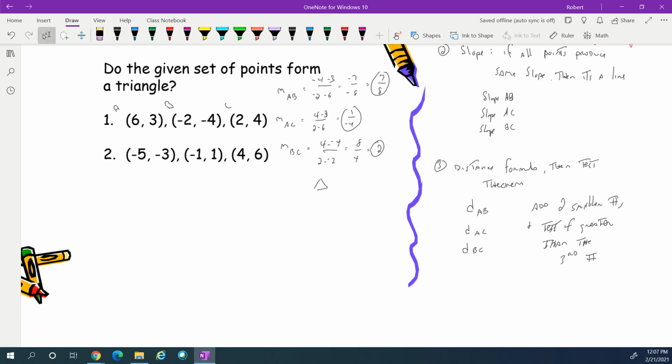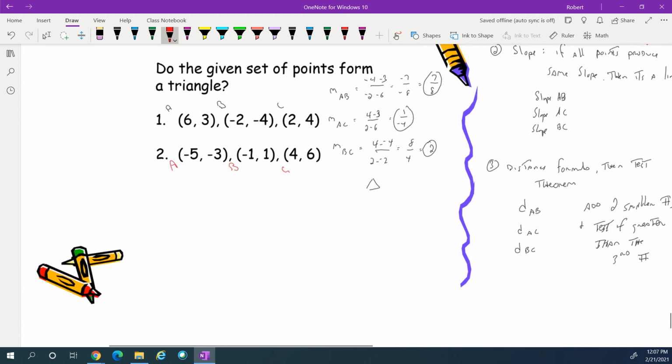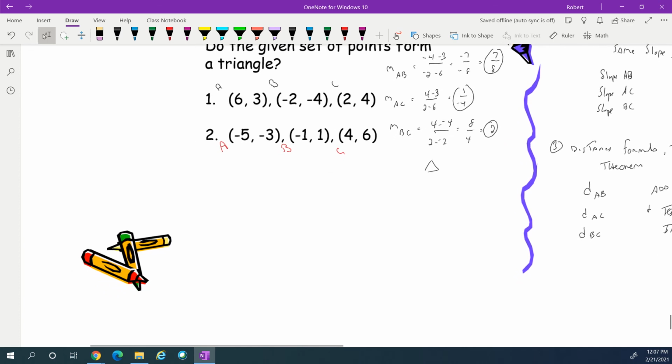For number 2, again, I'm going to call it point A, B, and C. And I'm just going to give myself some room here. And I can find the distance. Let's do distance of AB. So square root.